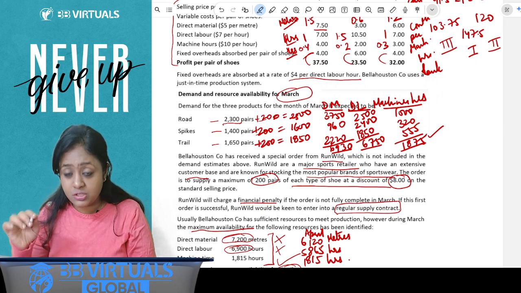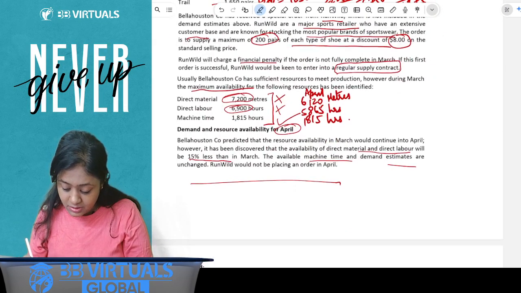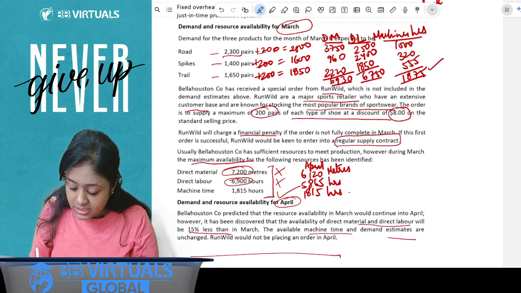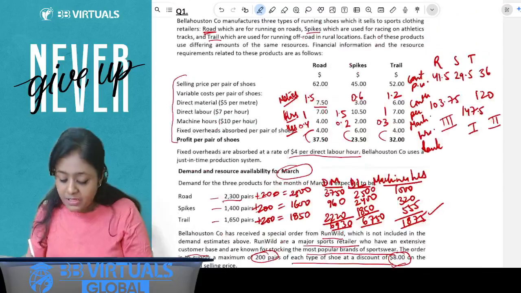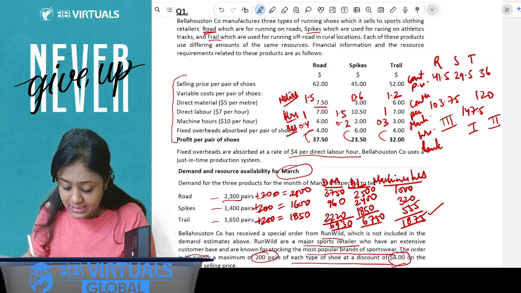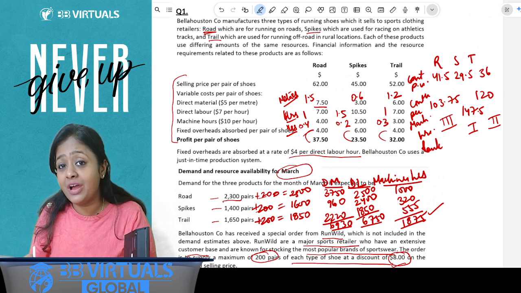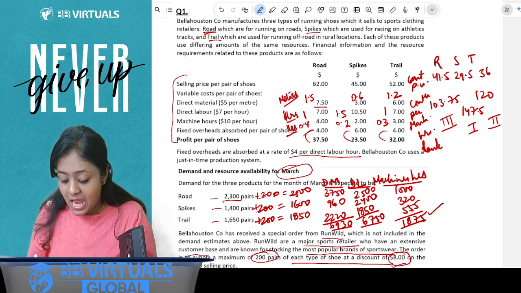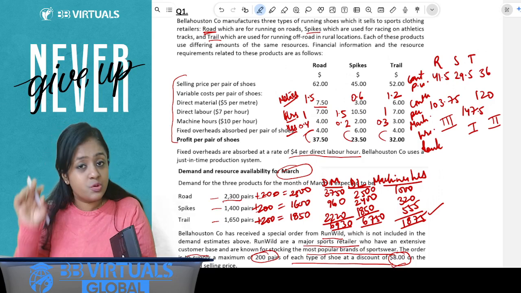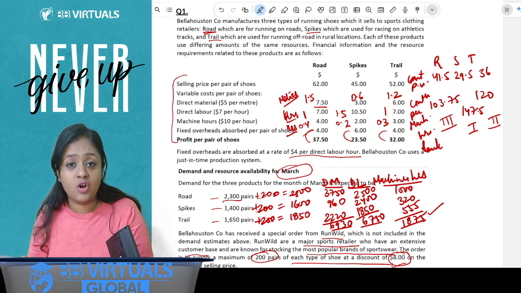Of course, one more point: here there is a discount of 8. That means you will not have a selling price of 62. It will be 62 minus 8, 56. For spikes, it will be 45 minus 8, 37. And for trail, it will be 52 minus 8, again 46. So you will use that selling price, you will get the contribution.